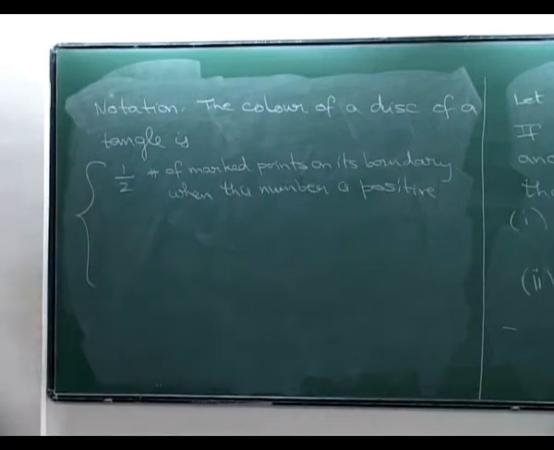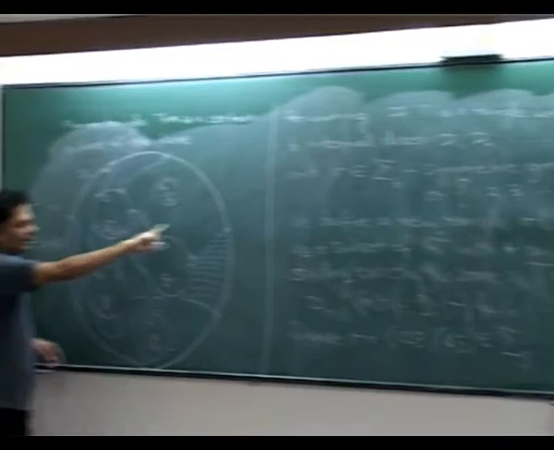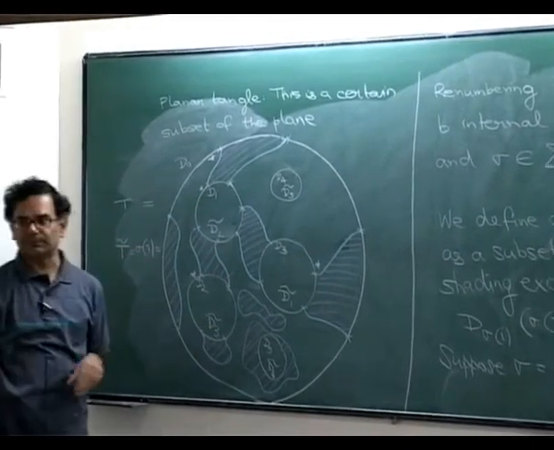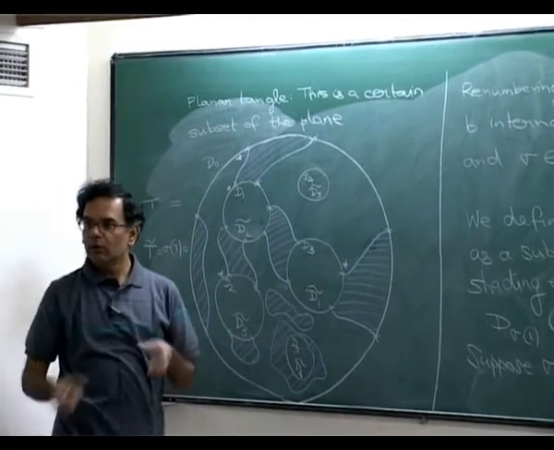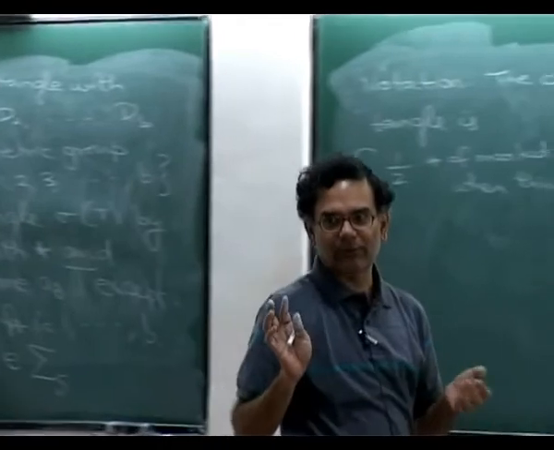As I said, D0 has color 3, D1 has color 3, D3 has color 2, D2 has color 2. But what about D4 and D5? Now D4 and D5 have no mark points on their boundary, so you can define the color as 0. That's what we would like to do.